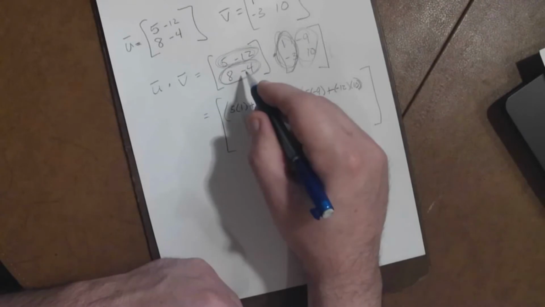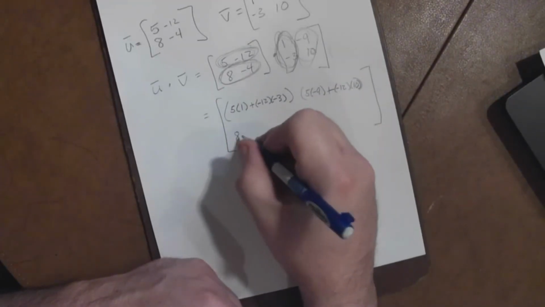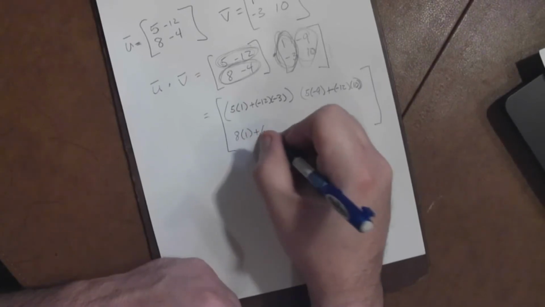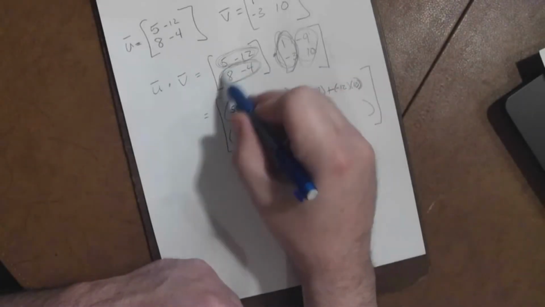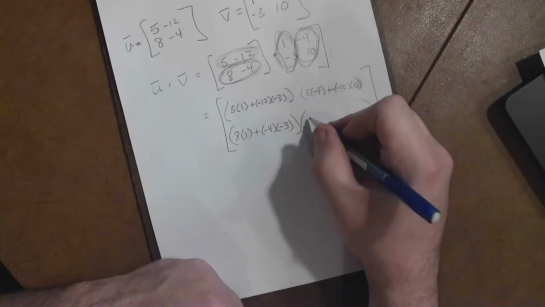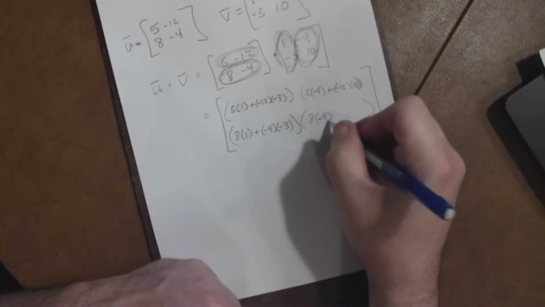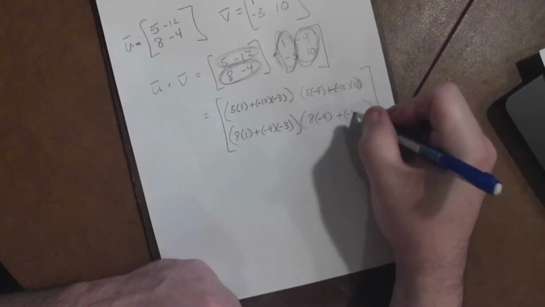That's 8 times 1 plus negative 4 times negative 3. And that is followed by the row-column product of 8 times negative 9 added to negative 4 times 10.